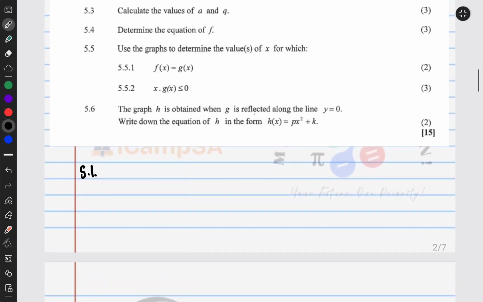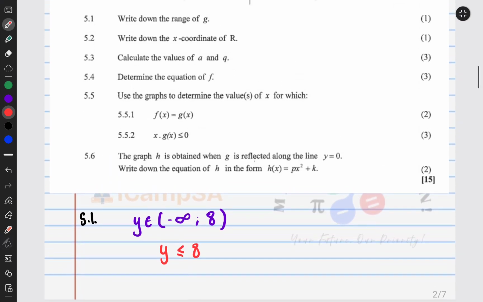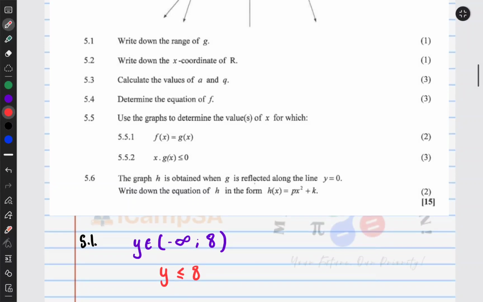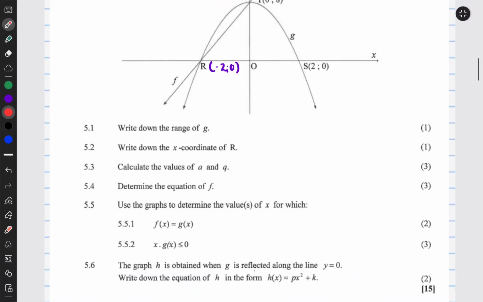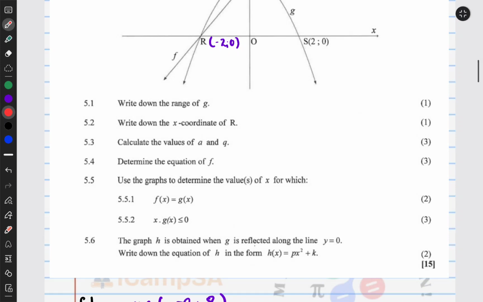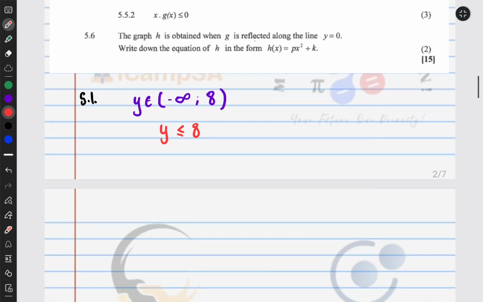So the range of g is y is an element of (-∞; 8], or you could just say y is less than or equal to 8. Either one is correct. Then 5.2, write down the x-coordinate of R, which we have already determined is going to be -2.